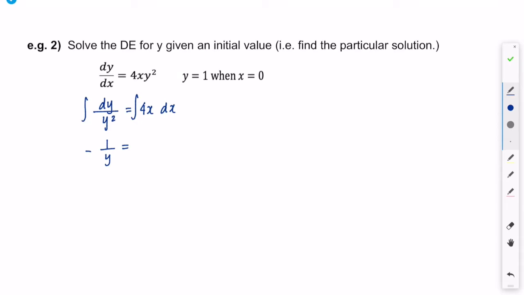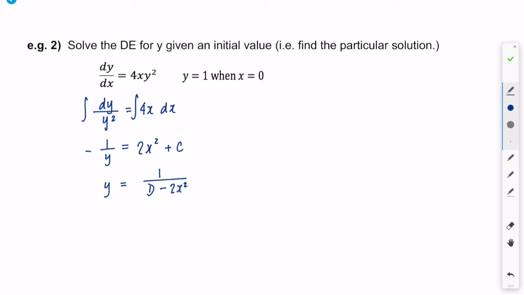So 2x squared plus c. And so if I take the negative reciprocal of both sides, I will get y equals 1 over -c minus 2x squared. But I can cheat a little bit. I can really call this d to avoid having a negative and negative again.